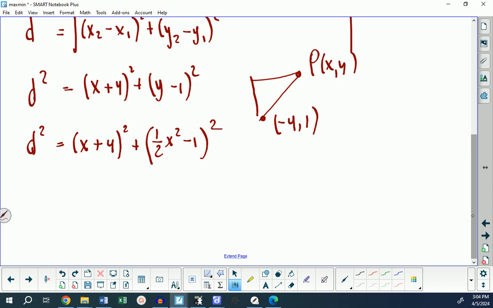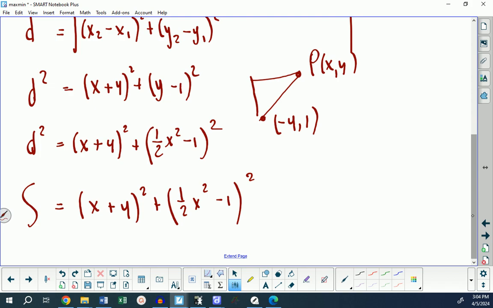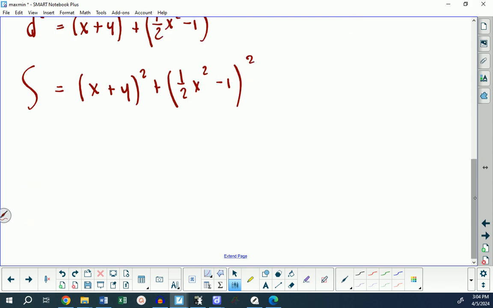Let's minimize the square of d. Are you with me on that? Okay. So now I can differentiate the square of the distance with respect to the x coordinate of our answer.